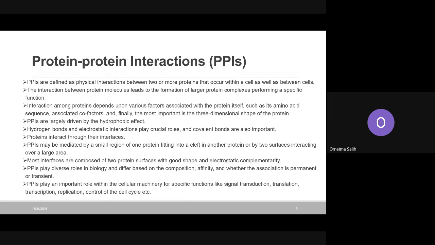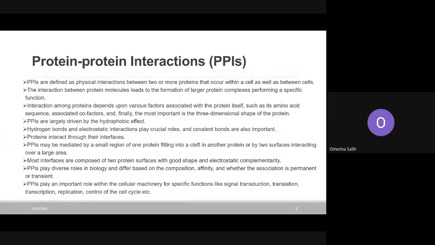These protein-protein interactions have a hydrophobic effect. Most of the interactions depend, as we mentioned before, on non-covalent bonds, like hydrogen bonds and electrostatic interactions.